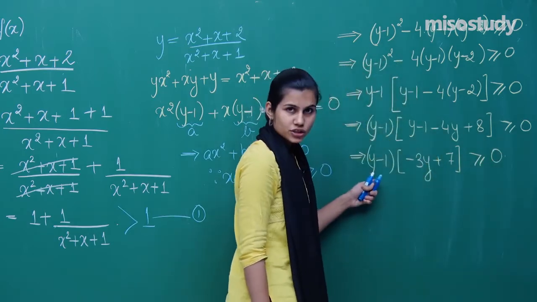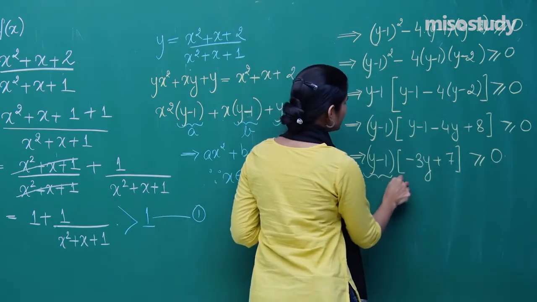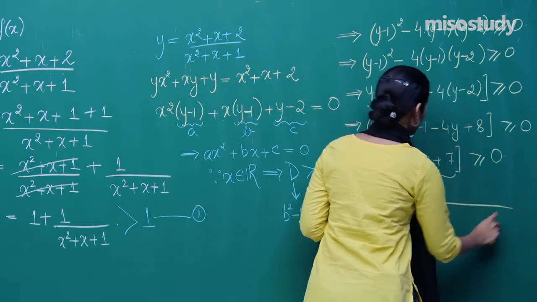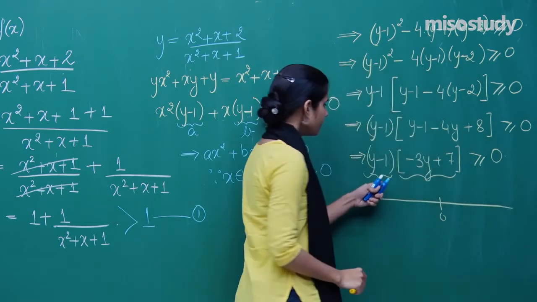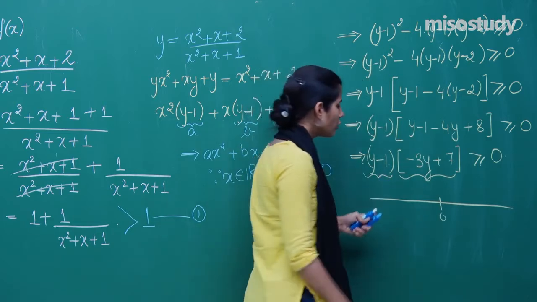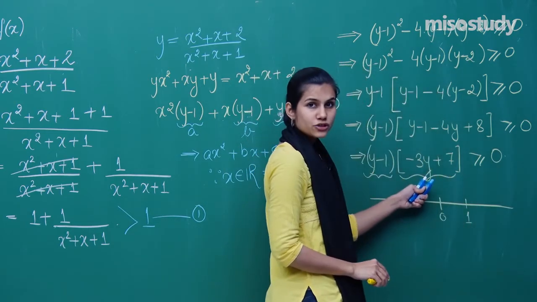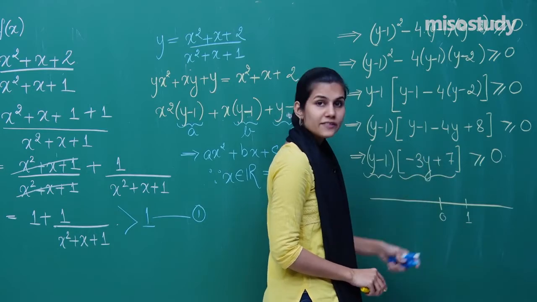And this expression, if you consider the individual factors, is going to give you two real numbers. If you equate y minus 1 to 0, it will give you 1. If you equate the other expression to 0, you will get 7 upon 3.